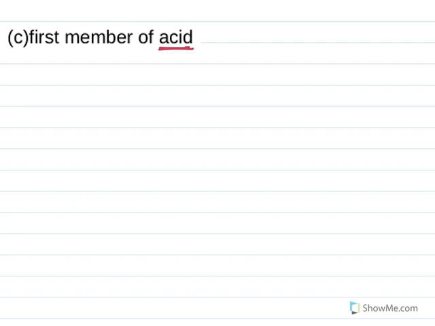First member of an acid. The functional group of an acid is COOH, and the first member will have 1 carbon. This goes in order. So here we have now COOH, and the carbon is already there. It can have only 1 carbon, so I put HCOOH.